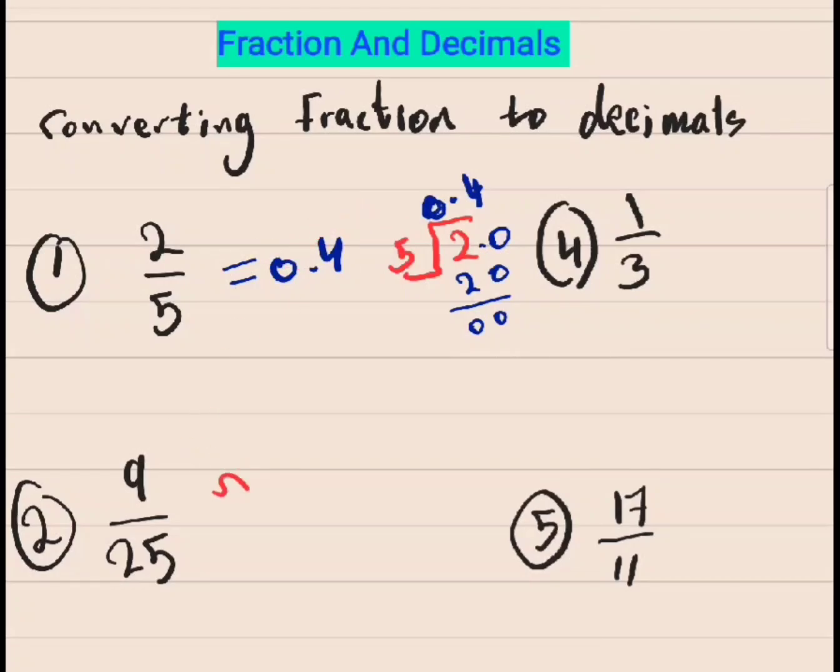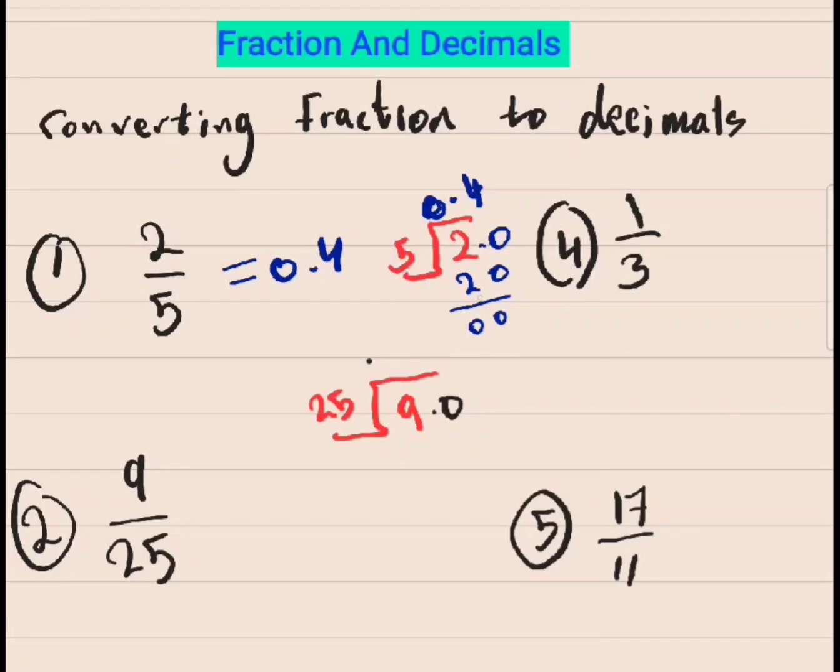Number 2, 9/25. I'll do this one by hand as well. So 9 divided by 25. So we need to extend our division problem with a decimal and a 0, because we can't do 9 divided by 25 and get a whole number.